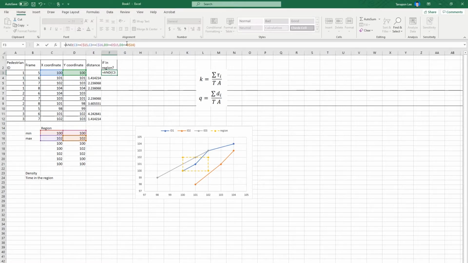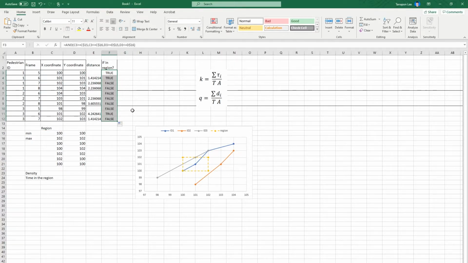I don't think I need this. Okay, try this. So what this shows is that for this time step, for pedestrian one, he is within the region, because he starts from this point. And then at time step 2, at frame 6, he is still inside, as you can see from this plot as well.